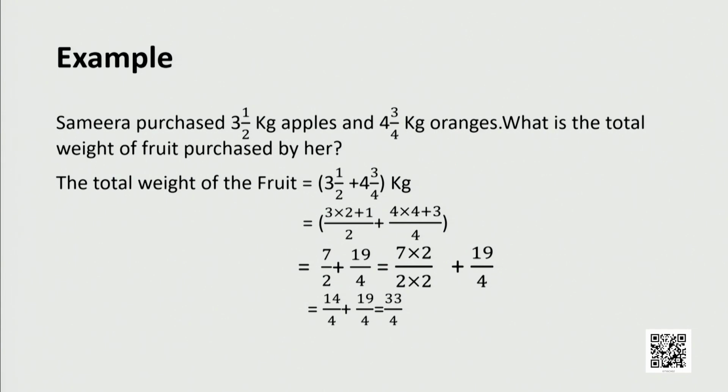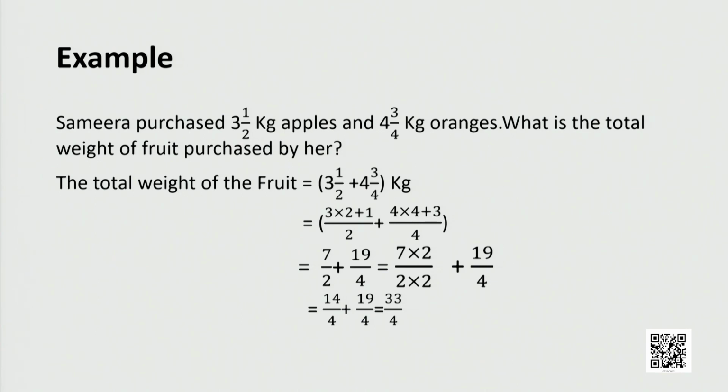Now you can see that 14 over 4 and 19 over 4. Now you know how to add like fractions. Since there are 14 quarters and 19 quarters, you just have to add them. You got 33 quarters and in representation it is written as 33 over 4.